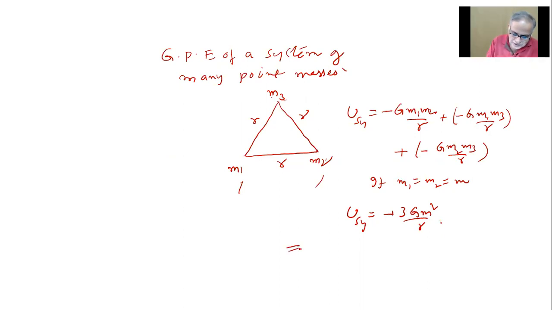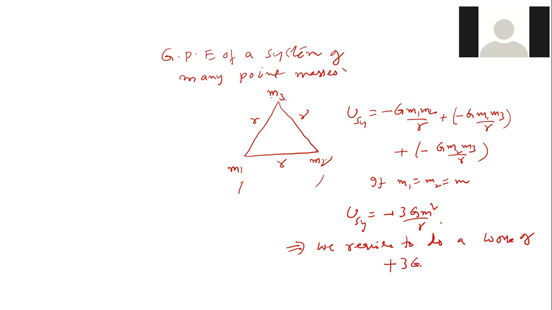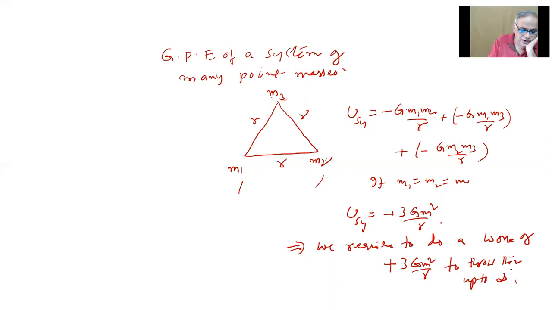Which implies we require to do a work of plus 3 G M square by r to throw them up to infinity. But the situation is different if they are moving.